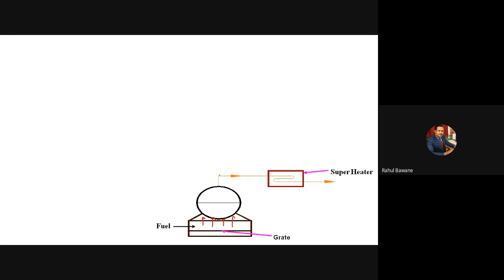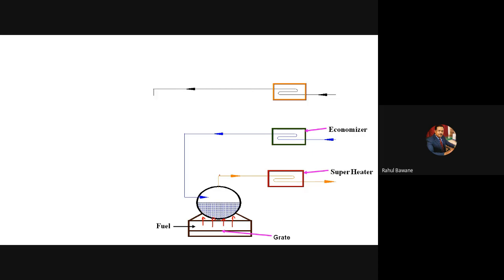after the superheater, we supply exhaust gas to the economizer, where we preheat water, and that preheated water is supplied to the boiler.